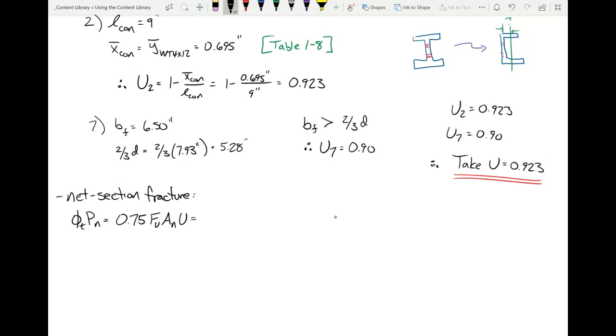We know 0.75, we know 65 ksi. I think the net area was 5.68 inches squared, and then this is 0.923. So what do you get for VPN here?